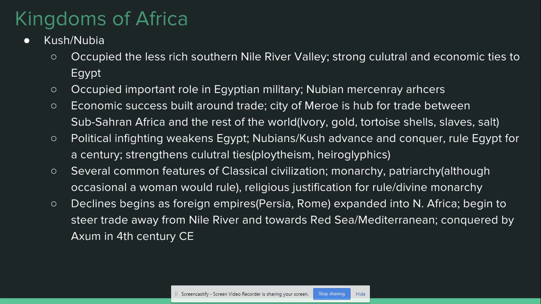Egyptian polytheism is pretty heavily adopted in Nubia. They also adopt Egyptian hieroglyphics as their state form of writing. Now, Nubia itself has a lot of very common features of the other classical civilizations.